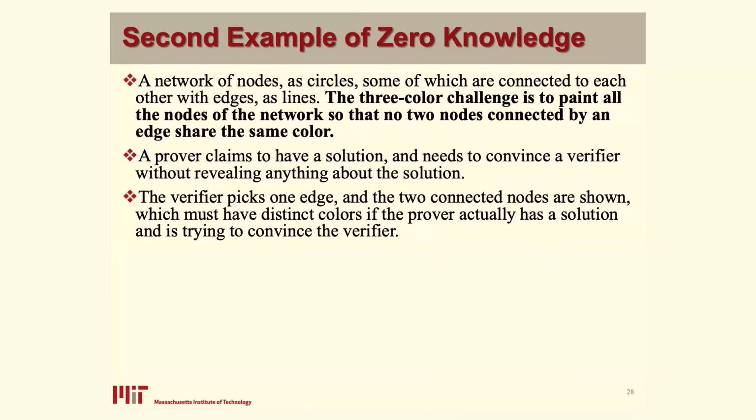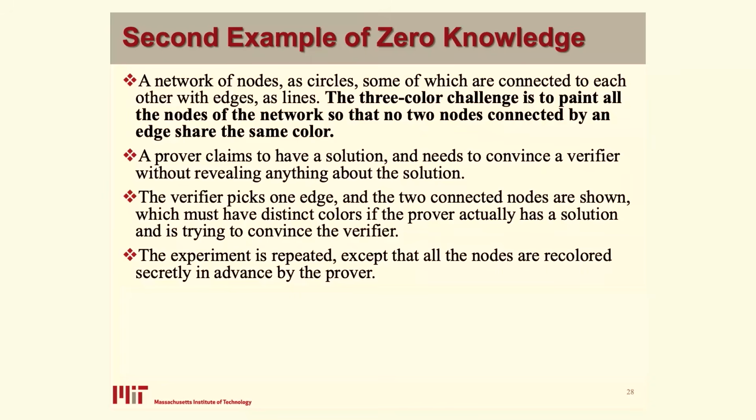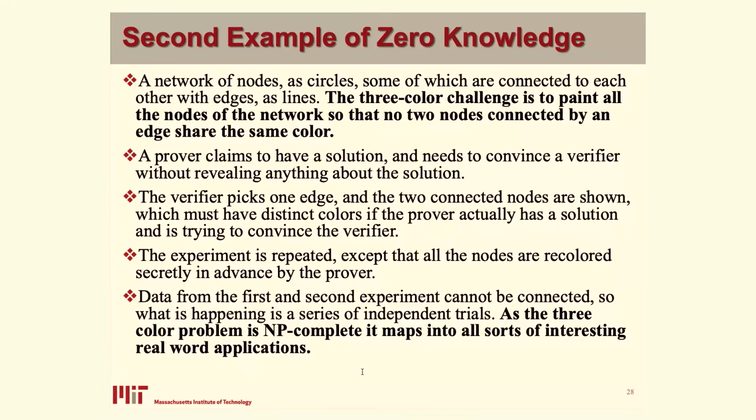That is revealed, and the edge is there, but they're of different color. Maybe that was just a fluky part of the network that was colored correctly, so you do it again independently, a different edge. The colors are changed in the process every time, because once you have the solution, you can color, pink versus yellow doesn't matter. And so the verifier gets convinced.